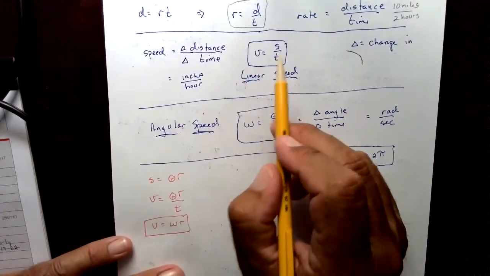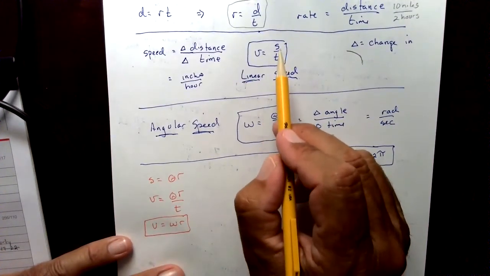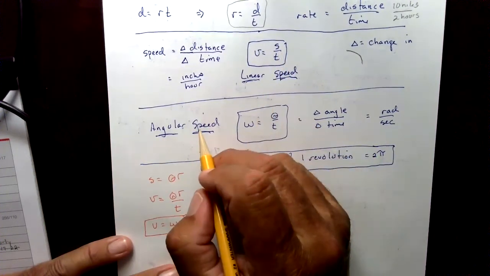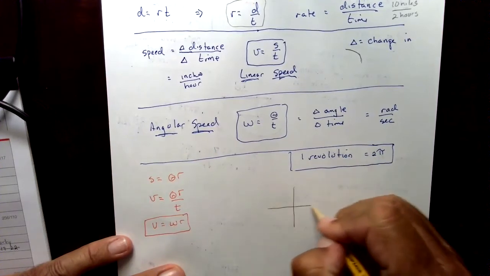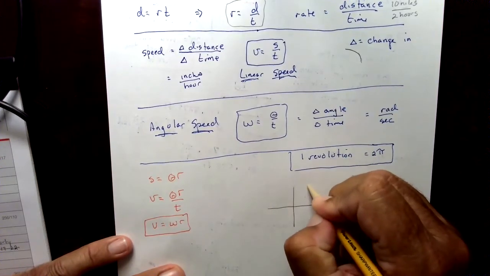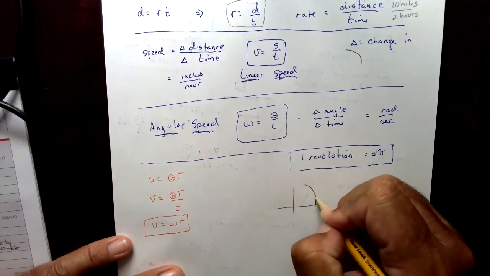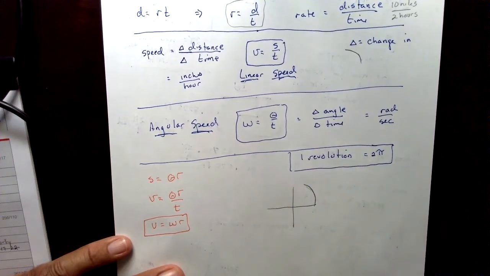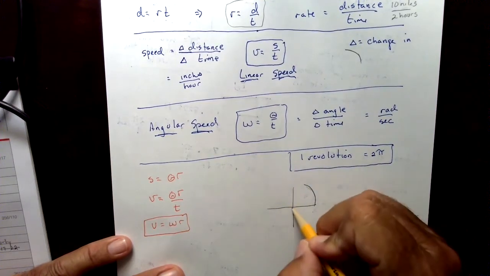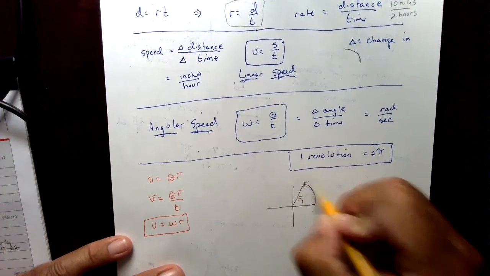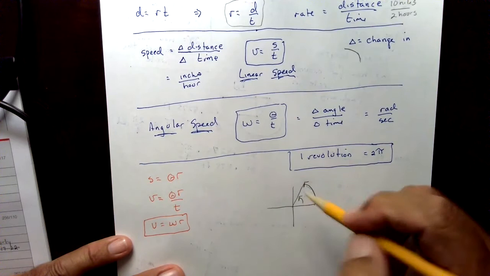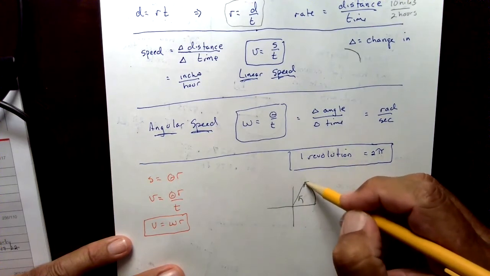Something that's really similar to linear speed is angular speed. If I go back and look at my circle, as I'm going around it, that change moving on the arc is my linear speed, and this change on the inside is my angular speed. So linear speed is distance over time.